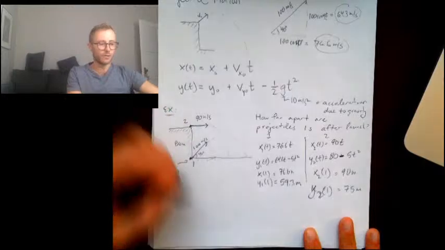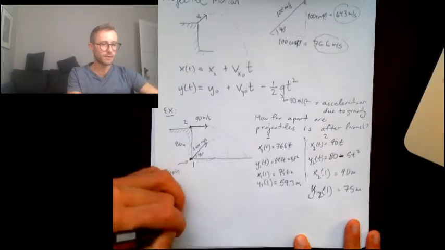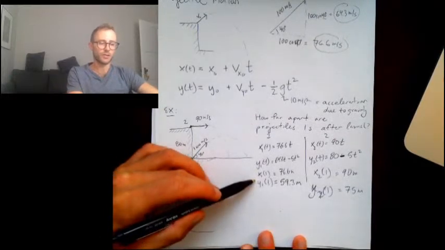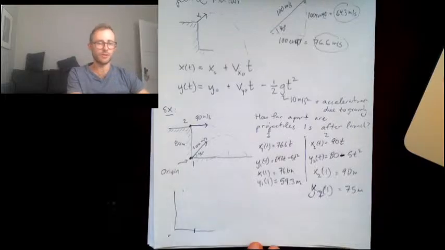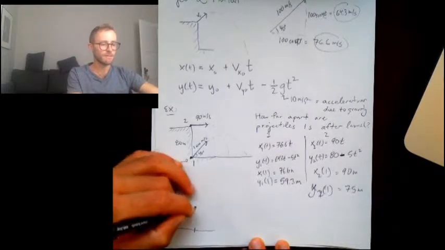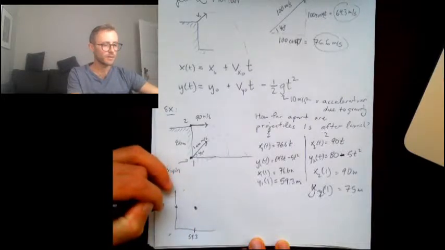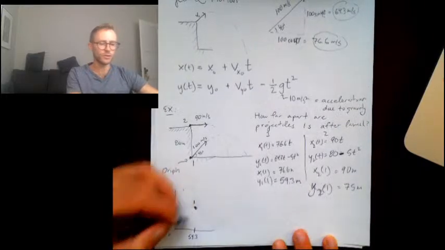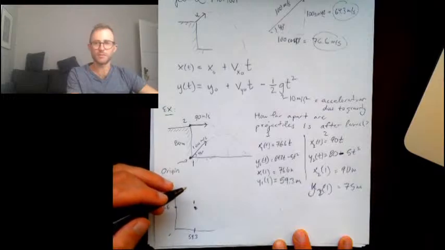So now we have these 2 points. If this is the origin, the first projectile is over 76 meters, and up 59 meters. Okay? So that's projectile 1. Projectile 2, I did that backwards, didn't I?